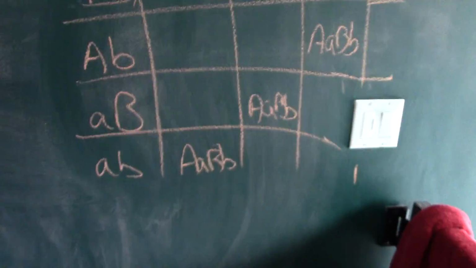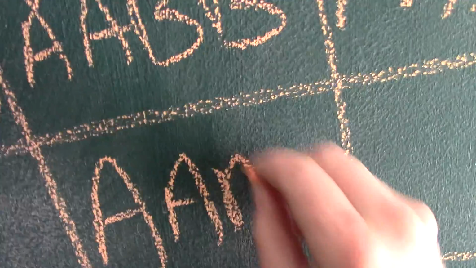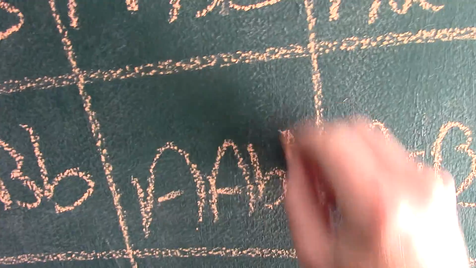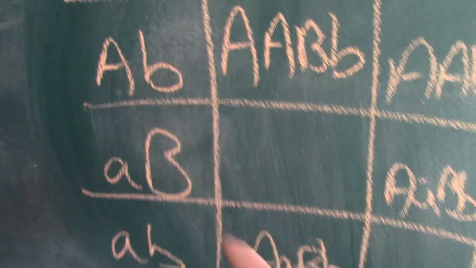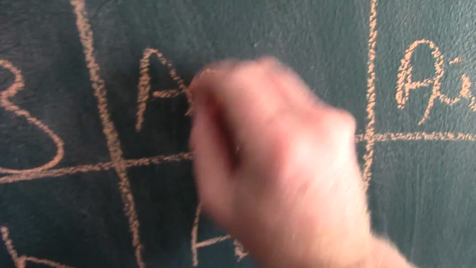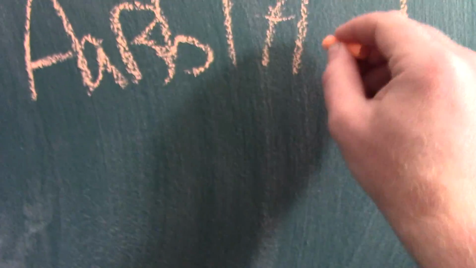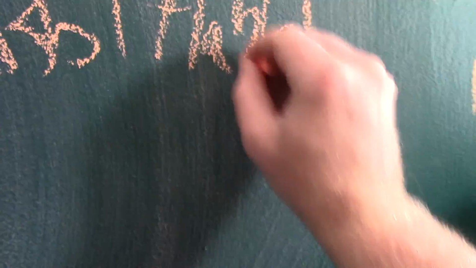Okay. And then we fill the rest in. So big A, big B, little b. This is big A, big A, little b, big A, little b, little b. And this is big A, little a, big B, big B, big A, little a, little b, little b.